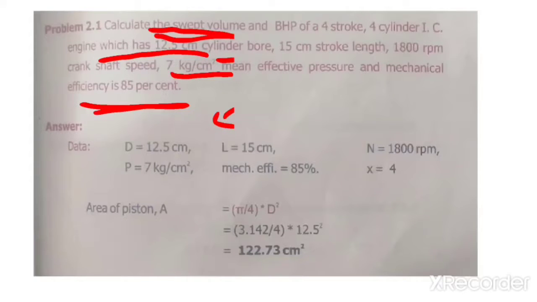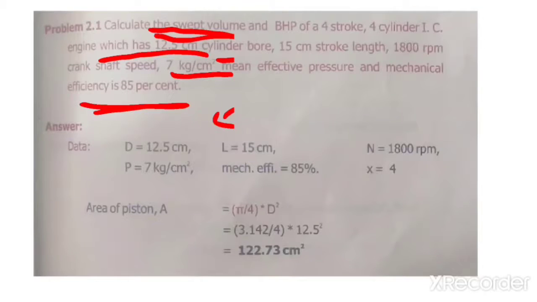Okay, now we have to calculate first the swept volume. What is the formula for the swept volume? Pi by 4 d square into L. Before that we should calculate the area of the piston, and also here we have to calculate BHP, it means brake horsepower. So first we have to calculate the area of the piston.